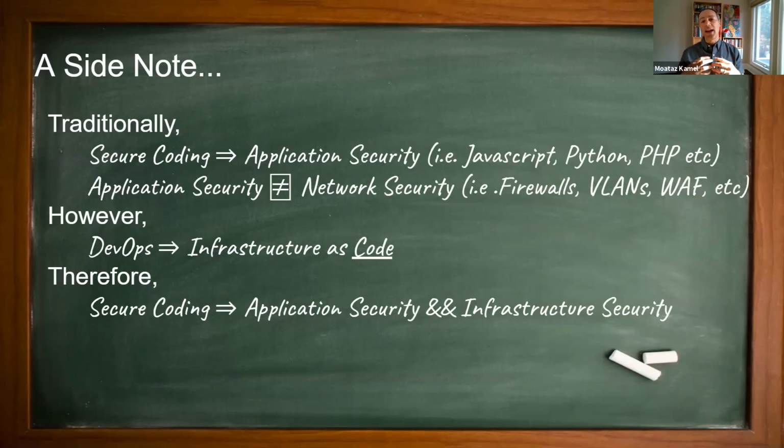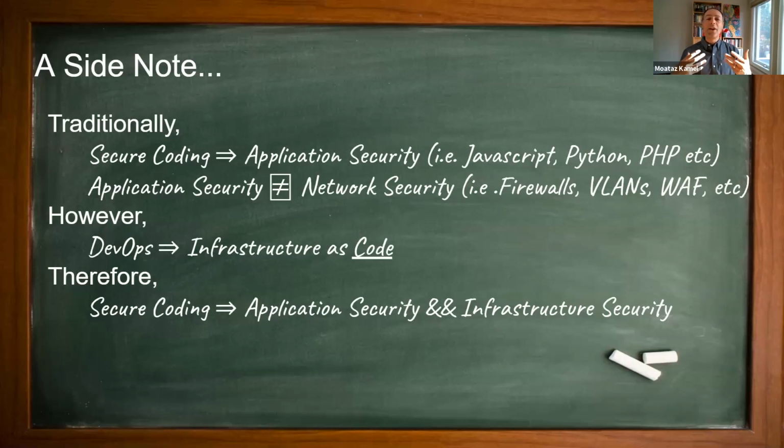So that's typically the application. And it traditionally didn't encompass the area of network security, which has to do with securing your network, your firewalls, your VLANs, your web application firewalls. So all of these components that go to secure the network, that wasn't part of application security.